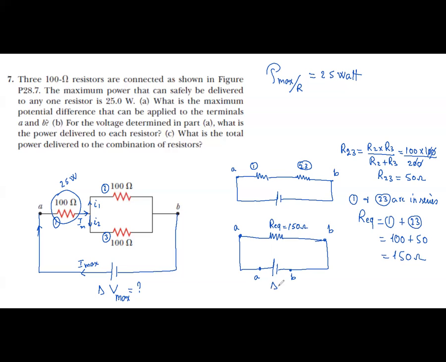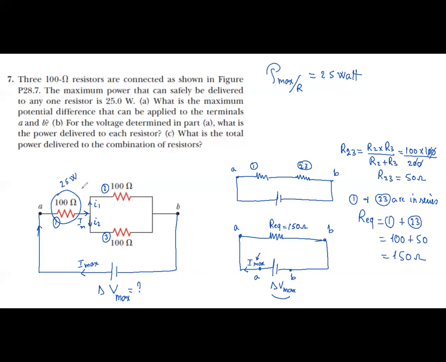Delta V max here will give I max. To find delta V, we have to find the value of I max.